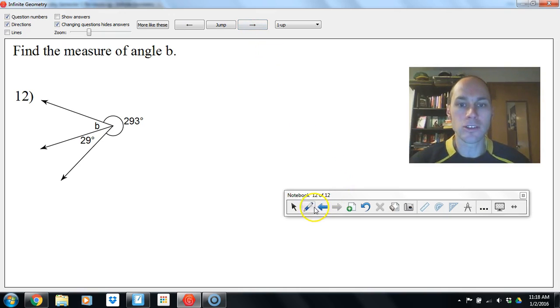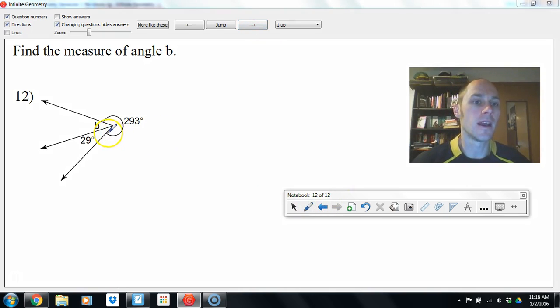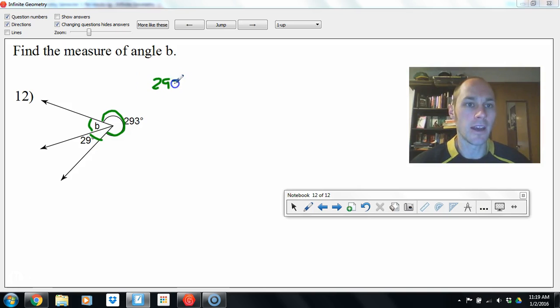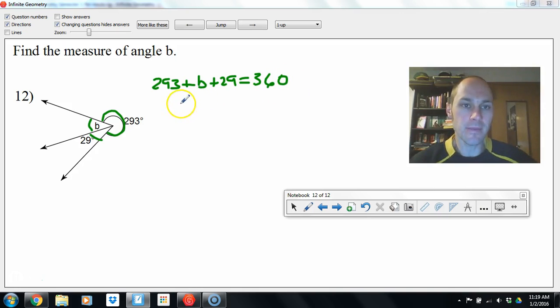Now we want to find the measure of angle B. I know this is 293, plus this part is B, plus this is 29. That gives me a full rotation. So if I add all three of those angles up, it gives me 360 degrees because that's how much is in a full rotation. So once I've set up my equation, I can combine like terms.